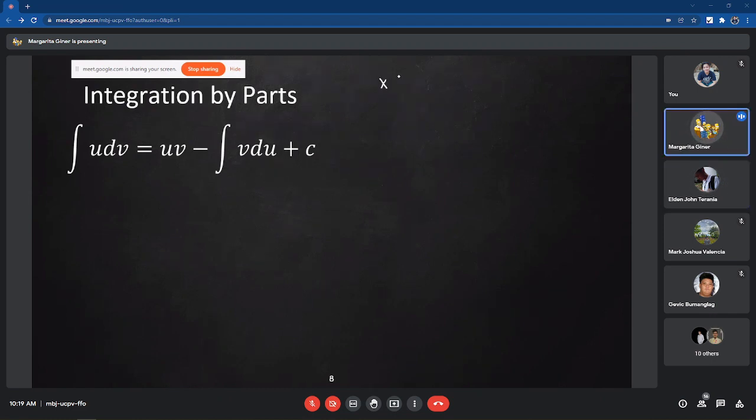We go back to differential equations. So this is under the first order differential equation.